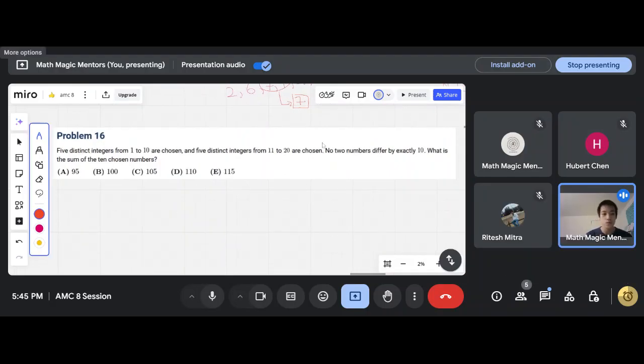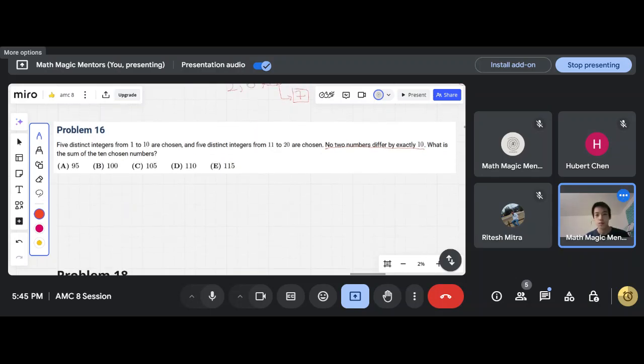The fact that no two numbers differ by exactly 10 is really interesting, because that's basically the main constraint for choosing 5 numbers from 1 to 10 and choosing 5 numbers from 11 to 20. So for this problem, we can find a way to pick 5 integers from 1 to 10 and 5 integers from 11 to 20, such that they don't differ by 10.